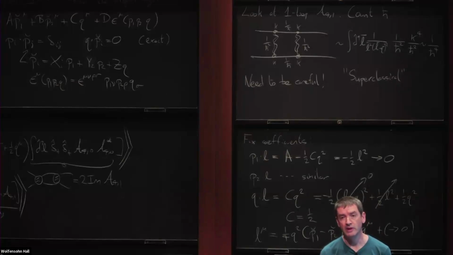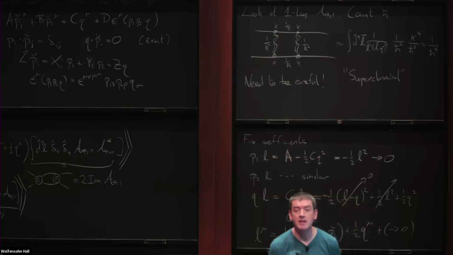The only way to remove that UV divergence would be to introduce a counter term, but that's the sensitivity to these finite size effects. And these counter terms would be in a classical theory? Yeah, that's right. There's nothing wrong with doing EFT for classical physics. In fact, it's a good way of thinking about classical physics.